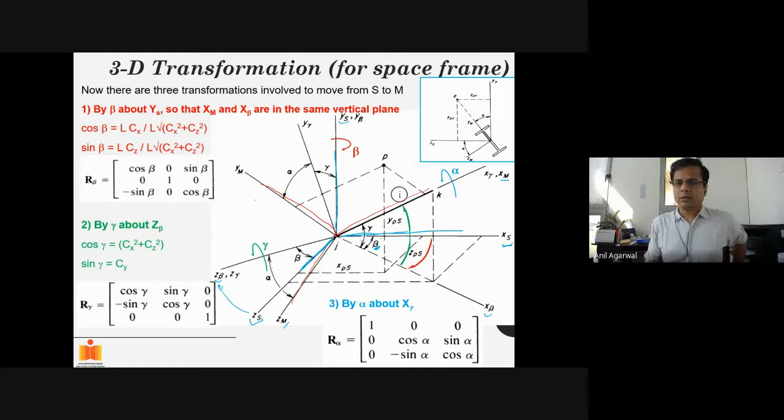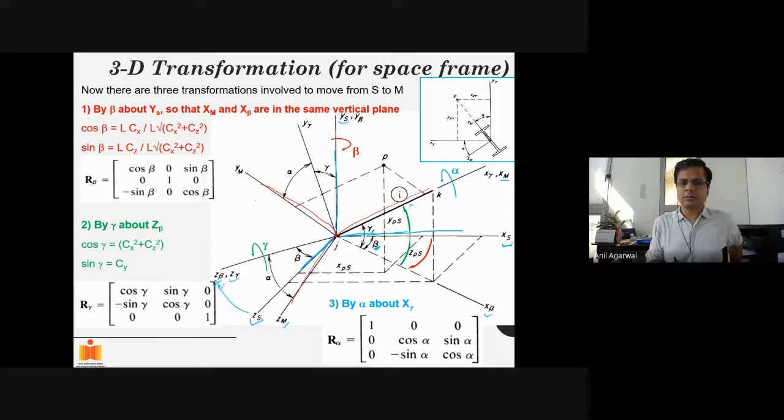Fine. Now I know that my x beta is already under xm, and I know what I need to do to align them. I just need to rotate about z in such a way that x goes and aligns with xm. So x beta aligns with xm after a rotation called gamma. We do a rotation by gamma about z beta.